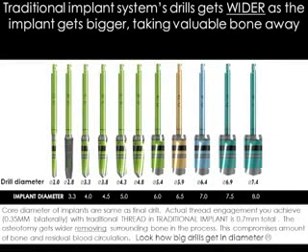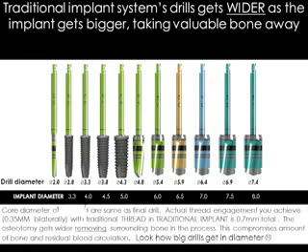Let's analyze the traditional implant system itself. You can see as the implant size gets bigger, your drill gets bigger. So what's that really doing? You're taking a lot of valuable bone away. So as you take bone away, you're taking blood circulation away from the area. Thus, you have a lot of different types of cupping.